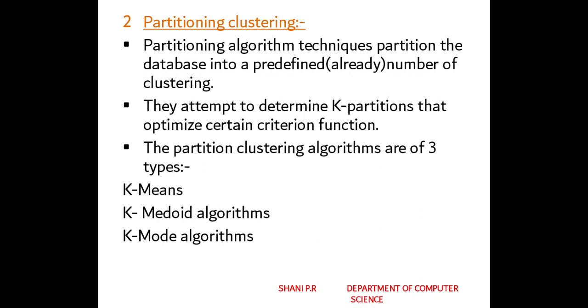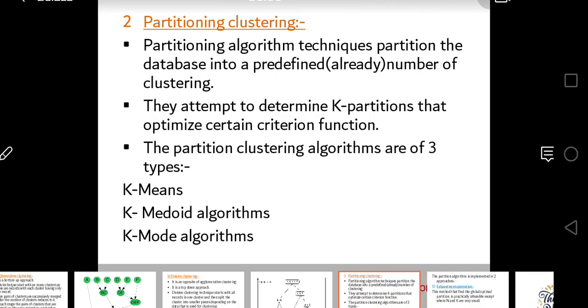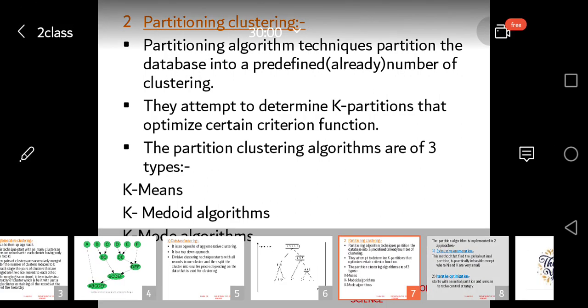Okay, clustering is formed into k clusters. In many places you can see that it is represented as k. Okay, so the partition clustering algorithms are of three types, that is k-means, k-medoid and k-mode algorithms. So these are the three algorithms which we will be applying for this type of data sets, when we need to partition the data.